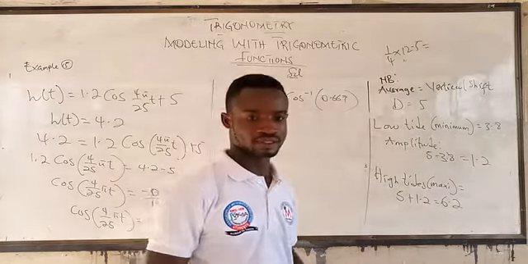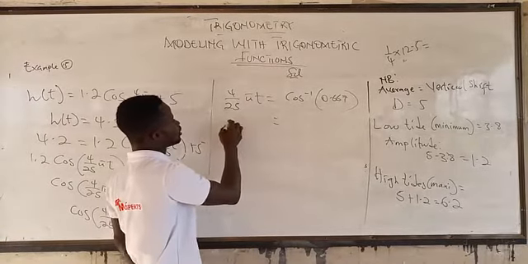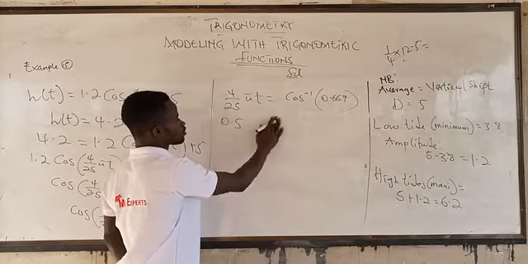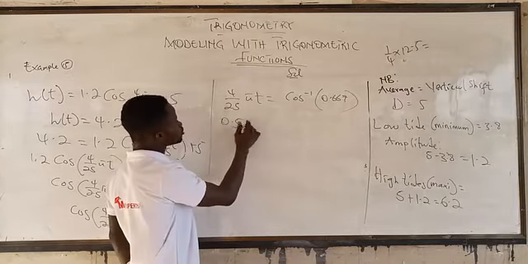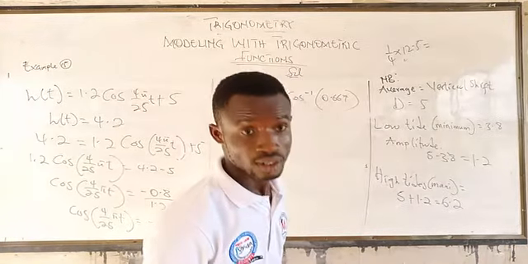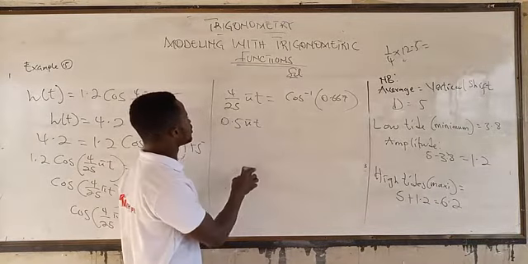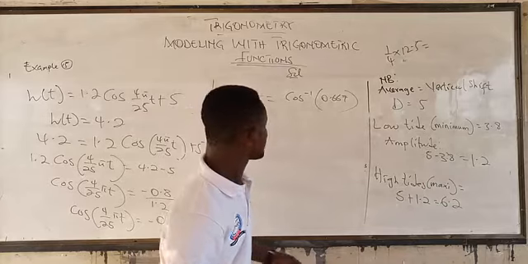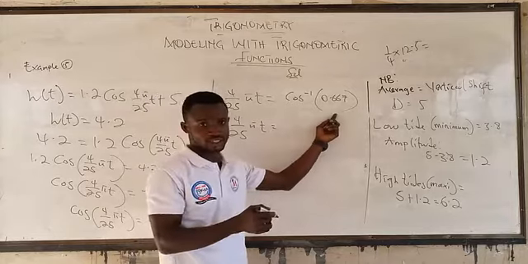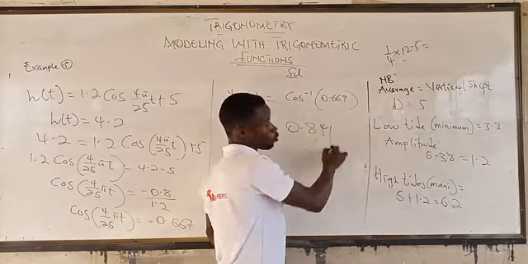Alright. And with that, the cos inverse of this. Now 4 over 25 is the same as 0.5. So 4 over 25 pi t is equal to, now the cos inverse of this is going to give you 0.841.